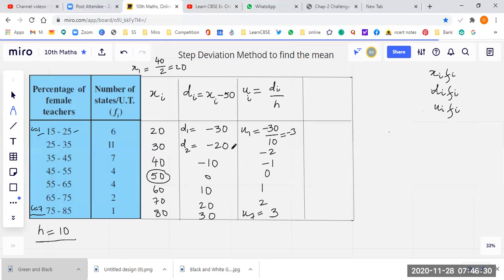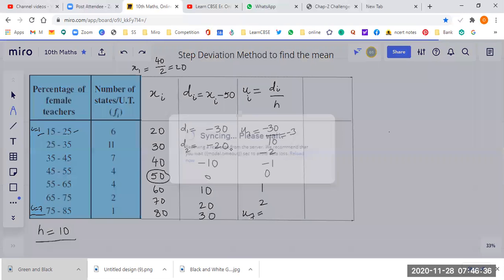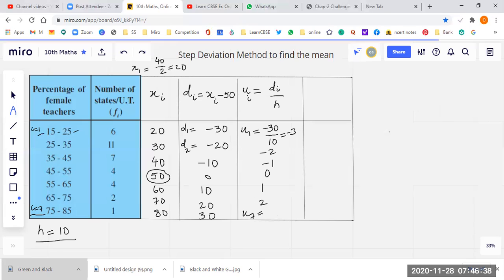All right, so we'll be quickly multiplying our fi with this ui to get fiui. So what will be fiui? You see, this is our f1, 6, and u1 is minus 3. So 6 into minus 3 is minus 18. Now 11 into minus 2 is minus 22.